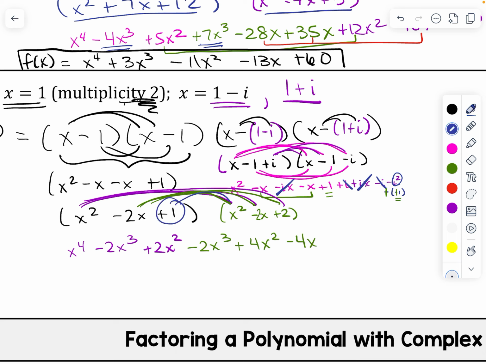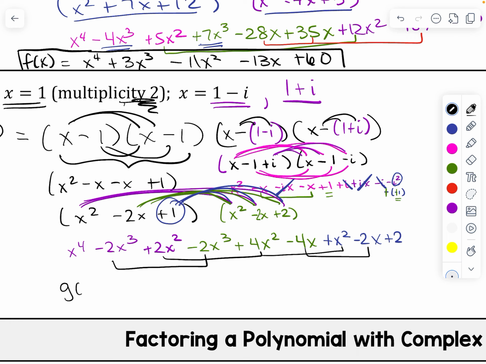And the last number 1 to each of those three. Combine your like terms. And we get a total of g of x can equal x to the 4th minus 4x cubed plus 7x squared minus 6x plus 2.